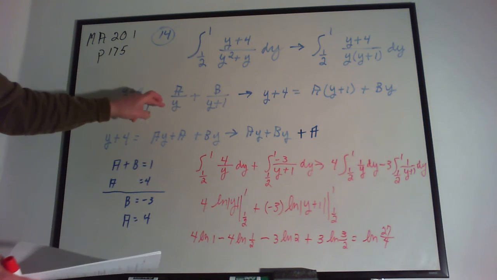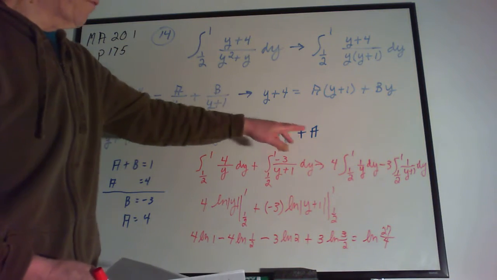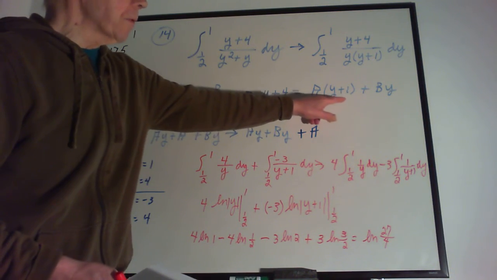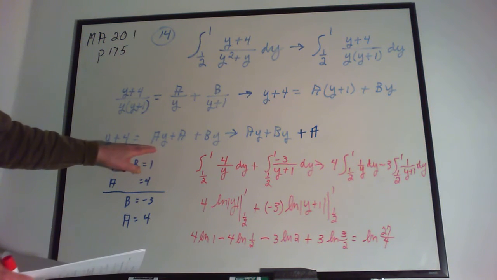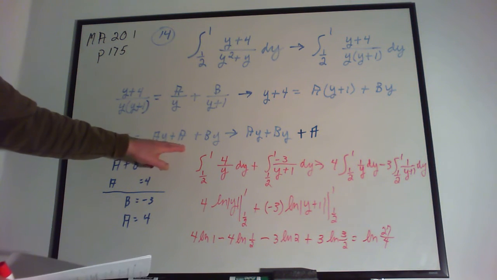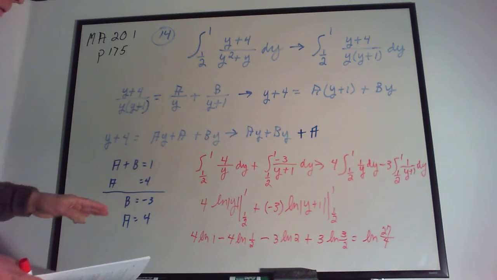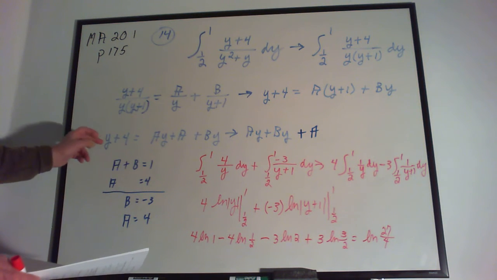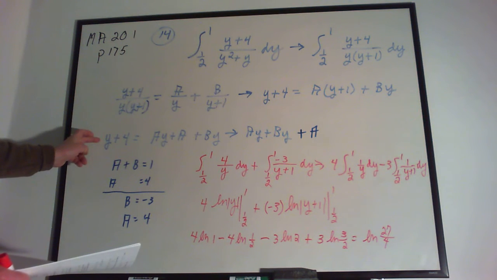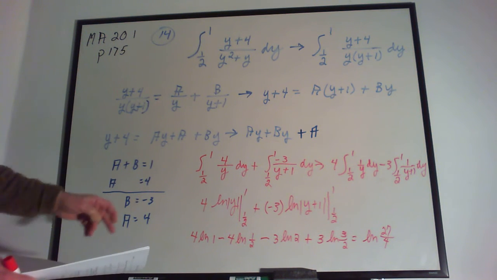All right, so you get A over y plus B over y plus 1. And multiplied through, I'm going to get A times y plus 1 plus By. All right, this gives me Ay plus A plus By. I group the y's together. I factor them. I get A plus B equals the coefficient of y, which is 1, and A is going to equal 4.